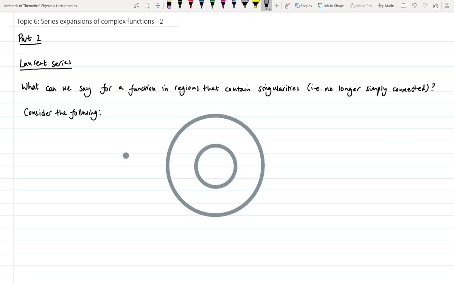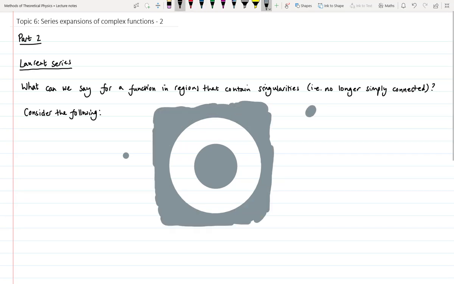And I'm going to shade in this central circle, and shade outside this other circle. Okay, so this is some region in the complex plane, and any region that is shaded is a region where our function of interest is not analytic. So grey means a region of non-analyticity.